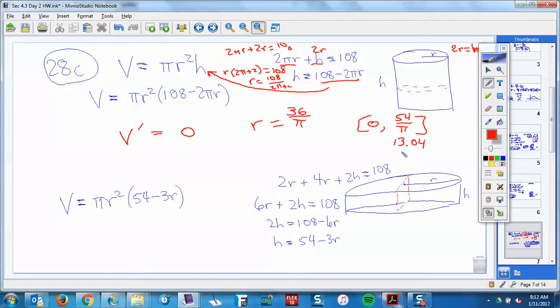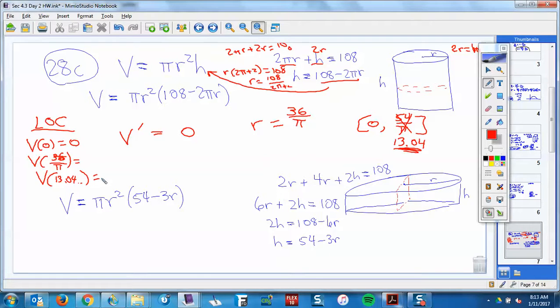Okay, so to be honest, that probably would be your endpoint. Okay, not that. So when you do your list of candidates on this, you're talking about V of 0, which of course is going to be 0, V of 36 over pi, which is going to be the one you want, and V of 13.04, whatever, would be your example.